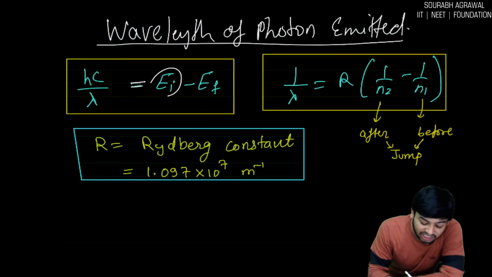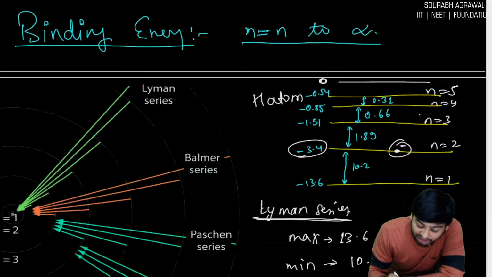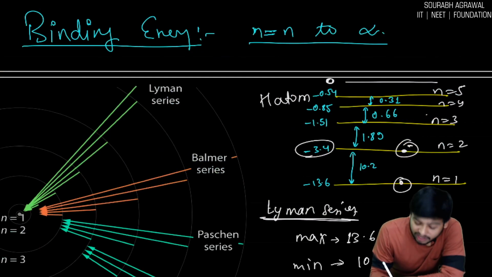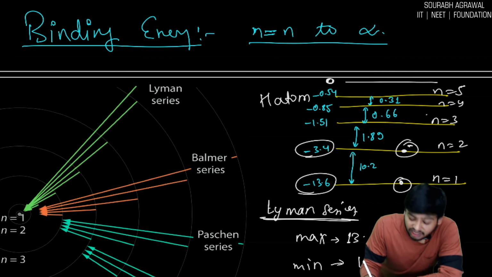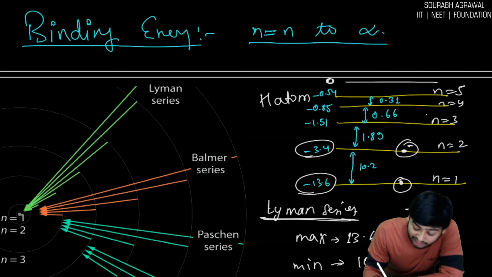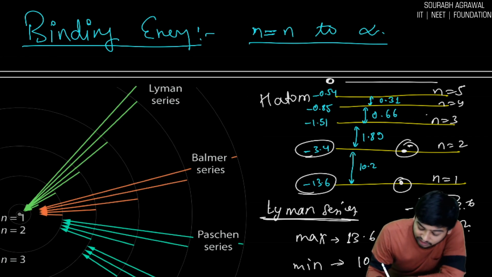Finally the electron comes to n equal to 1, where the energy is minus 13.6. So minus 3.4 minus minus 13.6, that is plus 13.6. How much will it be? 10.2. Are you getting my point?